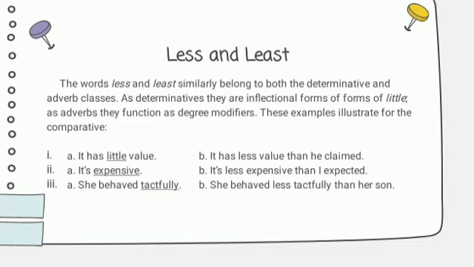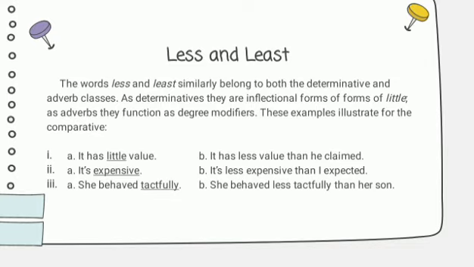The first example: it has little value, and it has less value than he claimed. In the second example: it's expensive, and it's less expensive than expected. In the third example: she behaved tactfully, and she behaved less tactfully than her son.